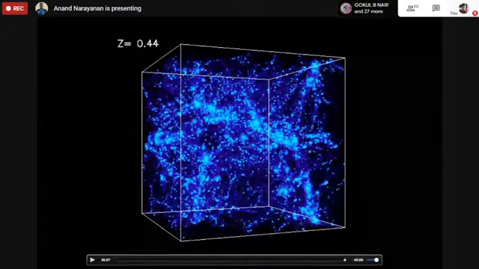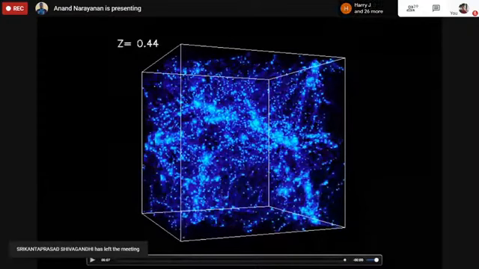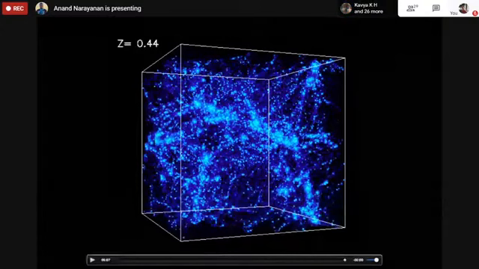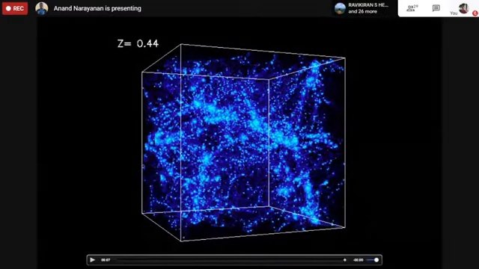This is exactly what galaxy redshift surveys also see. If you look at the SDSS galaxy distribution map or any of the other large-scale galaxy distribution maps, we find the exact same thing. So starting from those primordial density fluctuations, these simulations are able to reproduce the observed three-dimensional architecture of our universe.